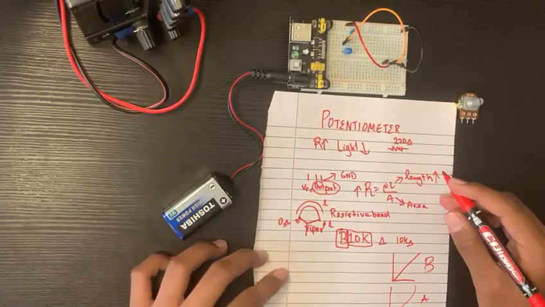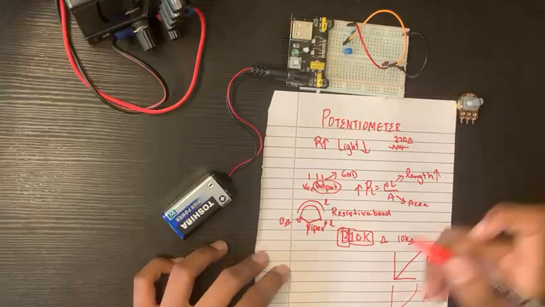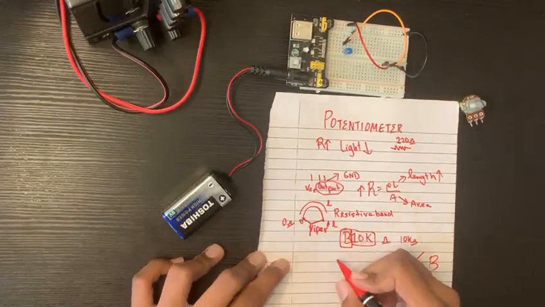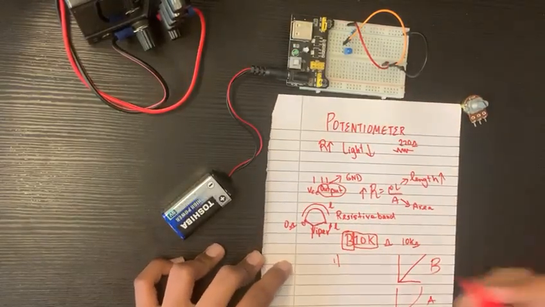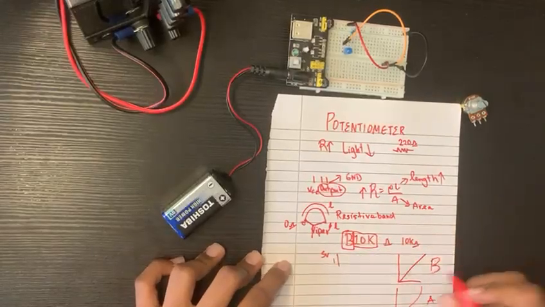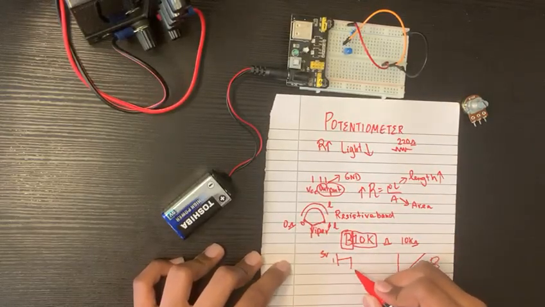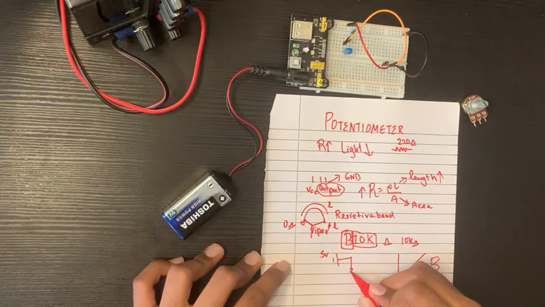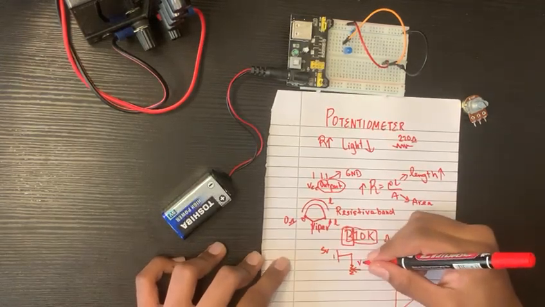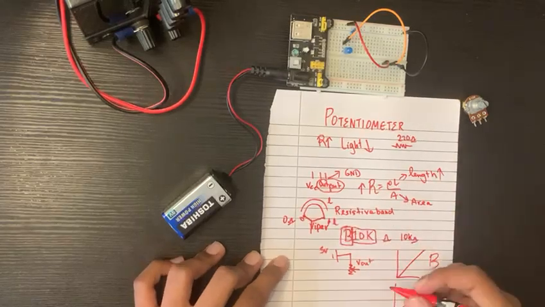And let's just look at the circuit finally. So there's power supply, 5 volts. We have the potentiometer itself, so we can denote it like this. So this is V out. So this is how you denote a potentiometer.